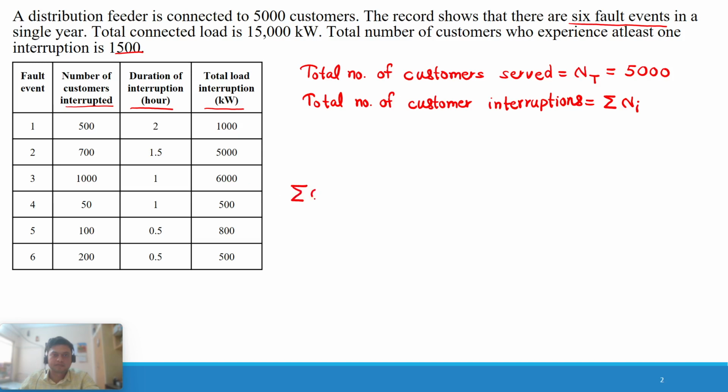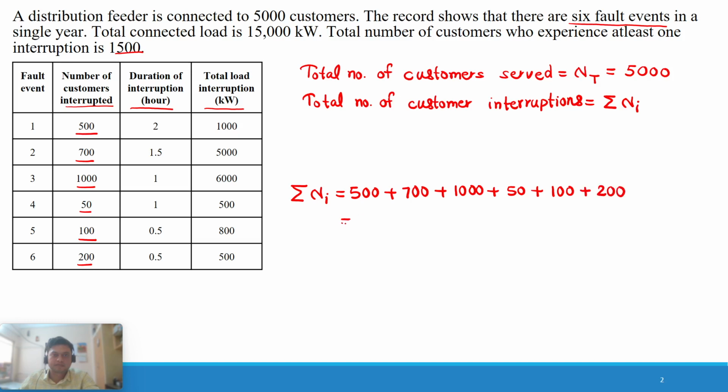So summation Ni we can calculate from the data as 500 plus 700 plus 1000 plus 50 plus 100 plus 200.